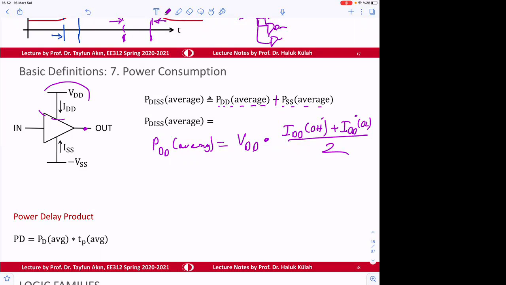According to this definition, it should be minus because of VSS, but if VSS is minus, it's also minus. Let me do this here also. PSS average is the supply voltage times the current out of the supply voltage.